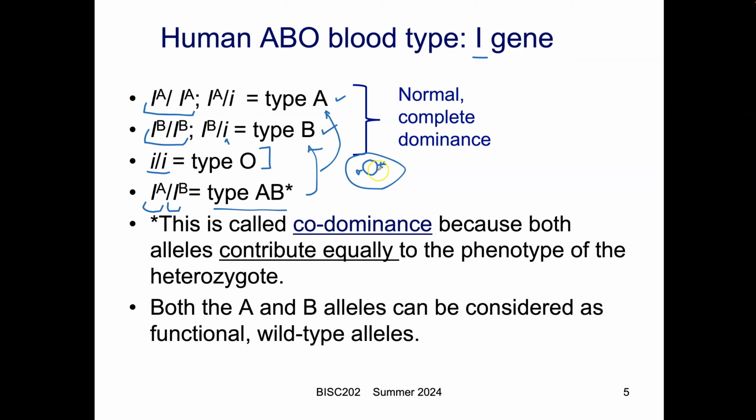And so it's not intermediate, it's in fact different because the actual proteins that are on the surface of the cells differ. And you'll see a picture in a minute. So both of these 2 alleles are functional. They encode enzymes that attach these different shaped molecules onto the proteins on the cell surface.